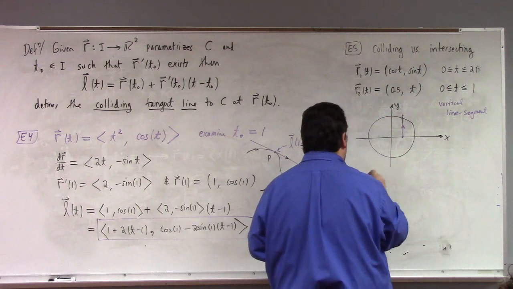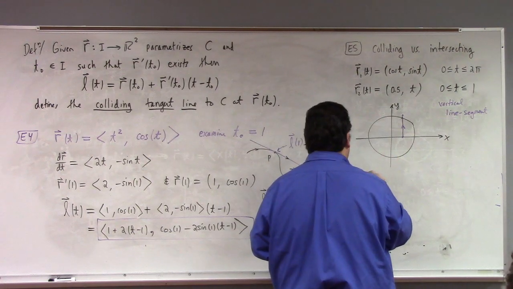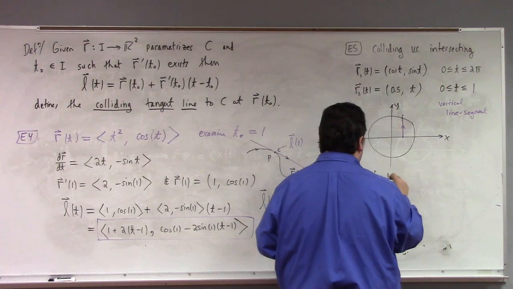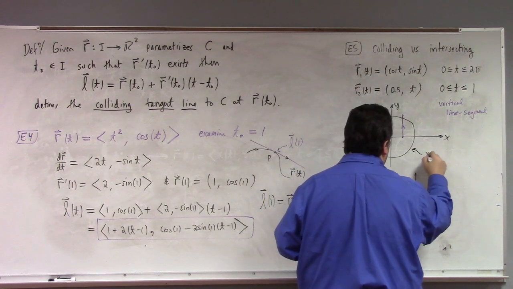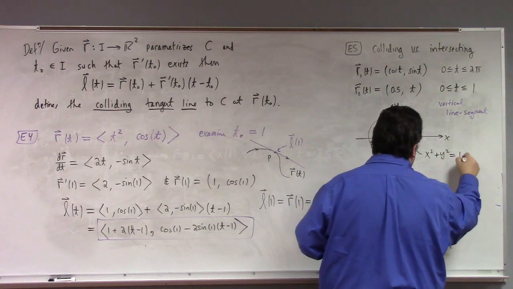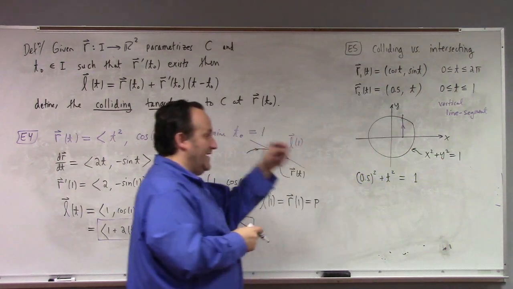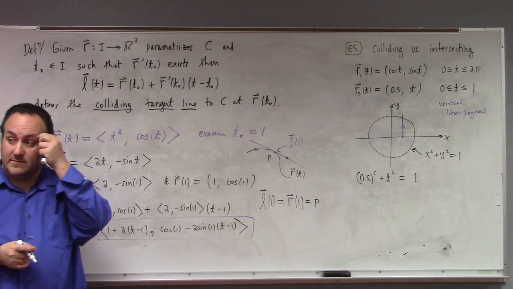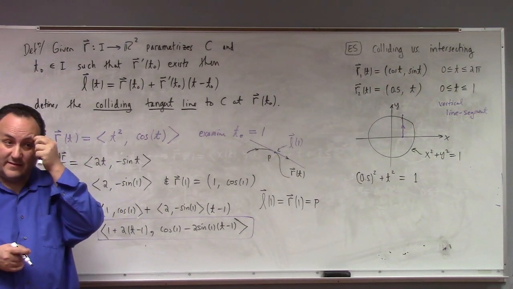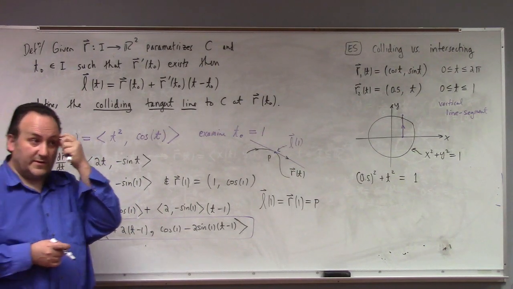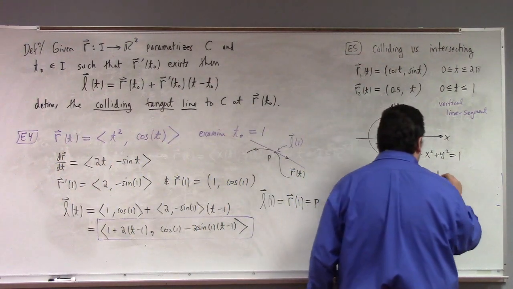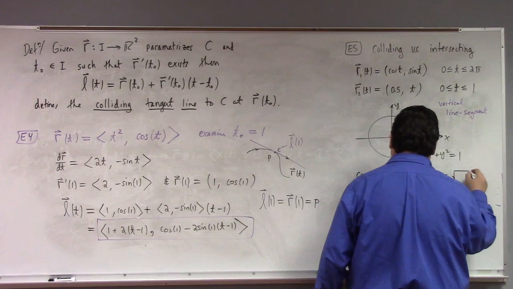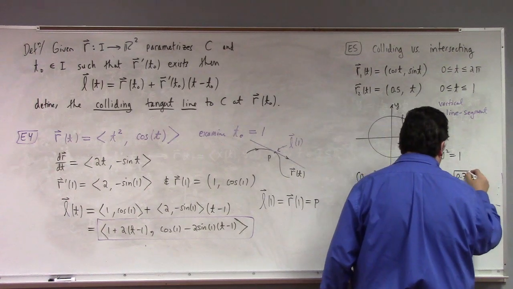For R2, you need 0.5 squared plus t squared equals what? 1, because the equation of the circle is x squared plus y squared equals 1. So it's that time for the purple line that you need to get to that point, which is t equal to the square root of 0.75.